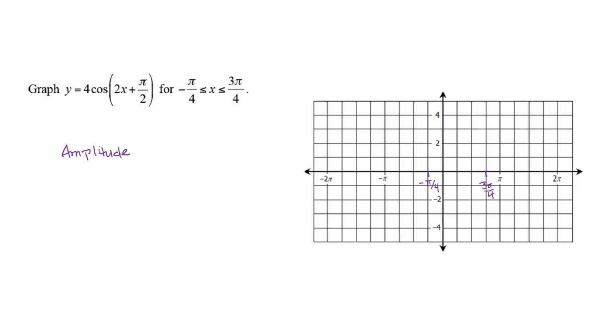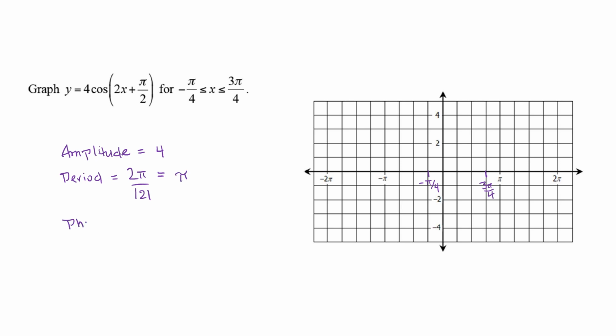So our amplitude is going to be 4. Our period is going to be 2 pi over the absolute value of 2, which then gets us pi.